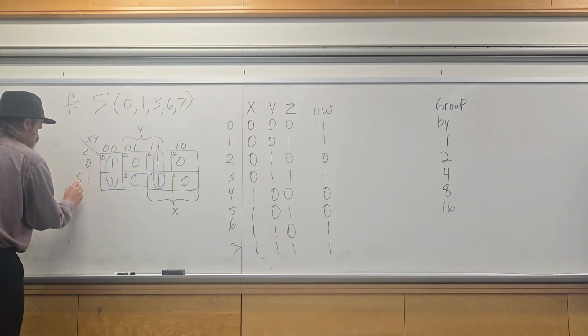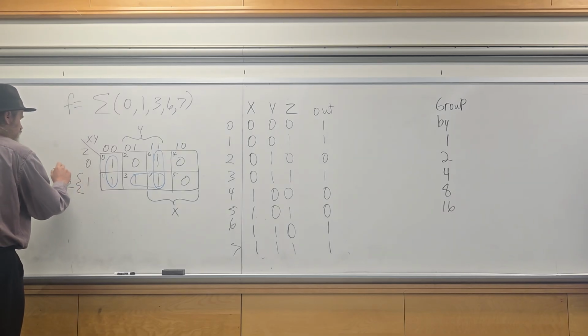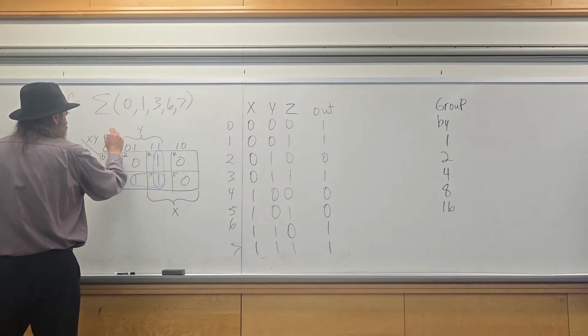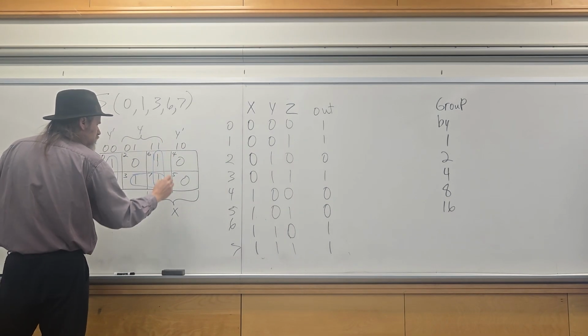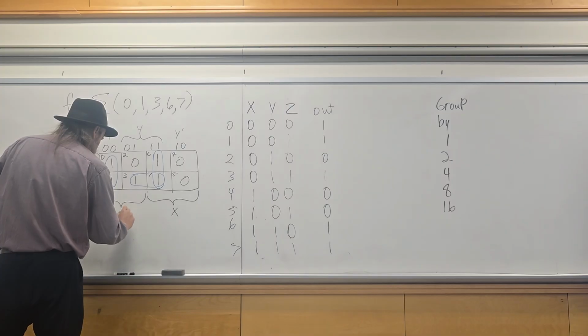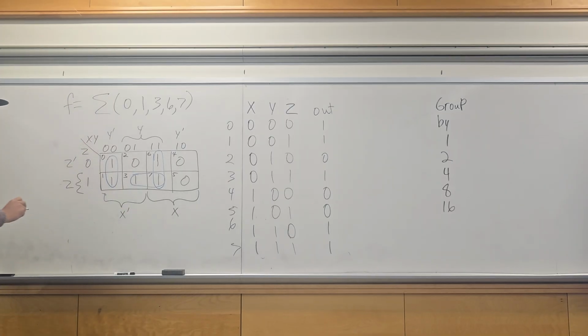And then z right here. And then this would be z prime, y prime, y prime, and x prime. Okay?